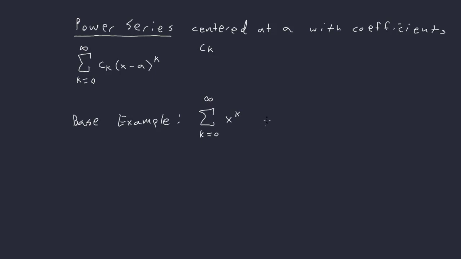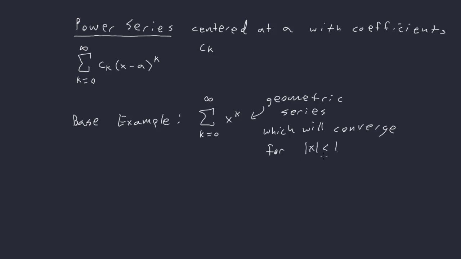Well, this is a geometric series, right, which will converge for all x's where the absolute value of x is less than 1, and diverge for the absolute value of x greater than or equal to 1.